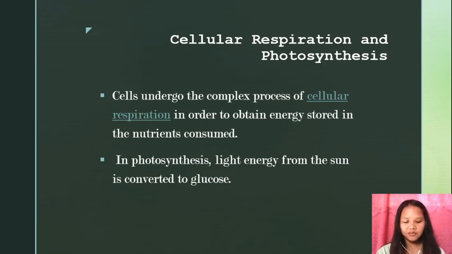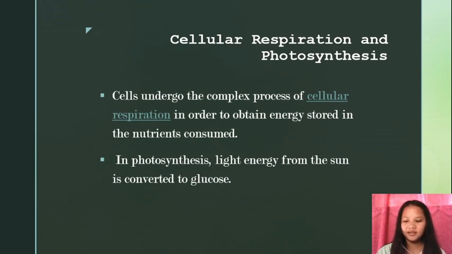Photosynthetic organisms, including plants, algae, and cyanobacteria, are capable of photosynthesis. In photosynthesis, light energy from the sun is converted to glucose. Glucose is the energy source used by photosynthetic organisms and other organisms that consume photosynthetic organisms.